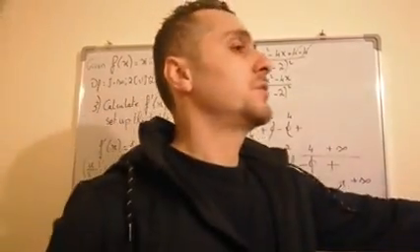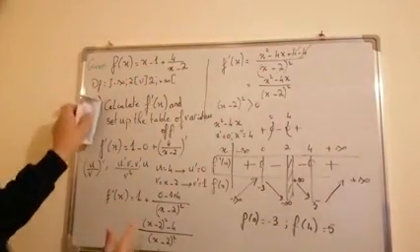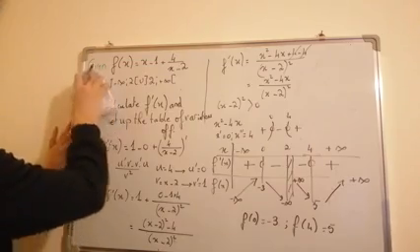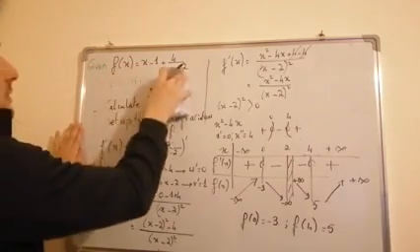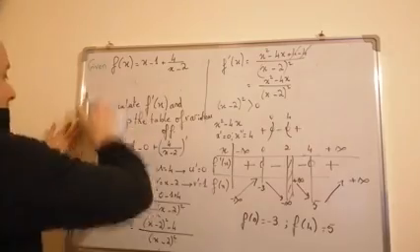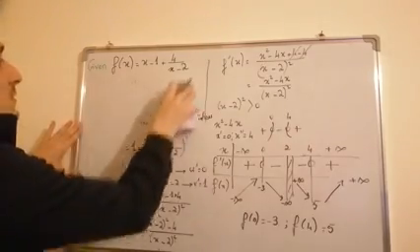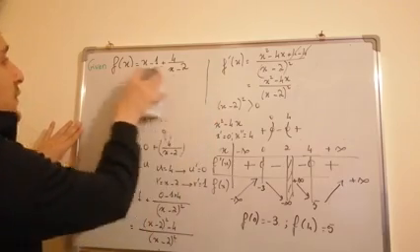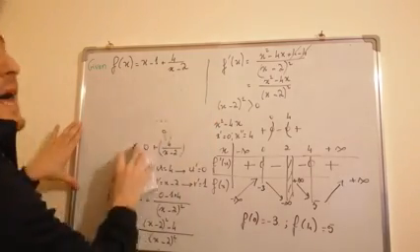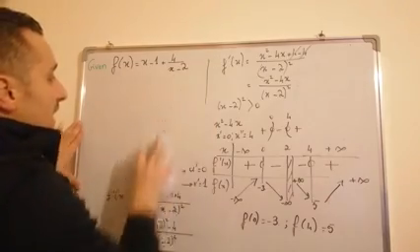Now we have to draw the curve. Last question. To draw the curve, first of all, we have to draw the asymptotes if they exist.